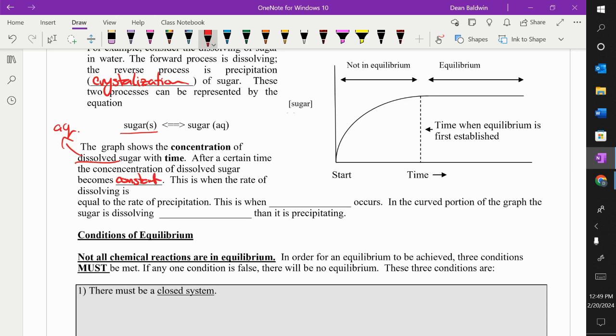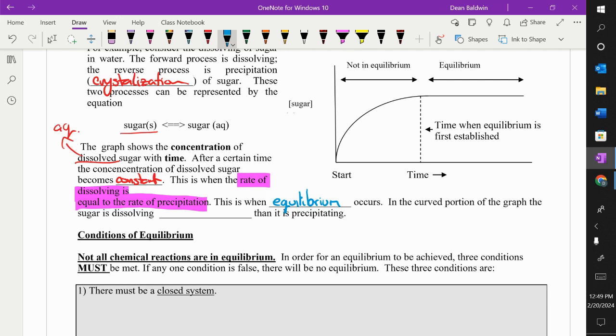When that line flattens out, that's when you know that the rate of dissolving is equal to the rate of precipitation. All right. And then you know when that happens, that is equilibrium. So on a graph of concentration, it will level out.